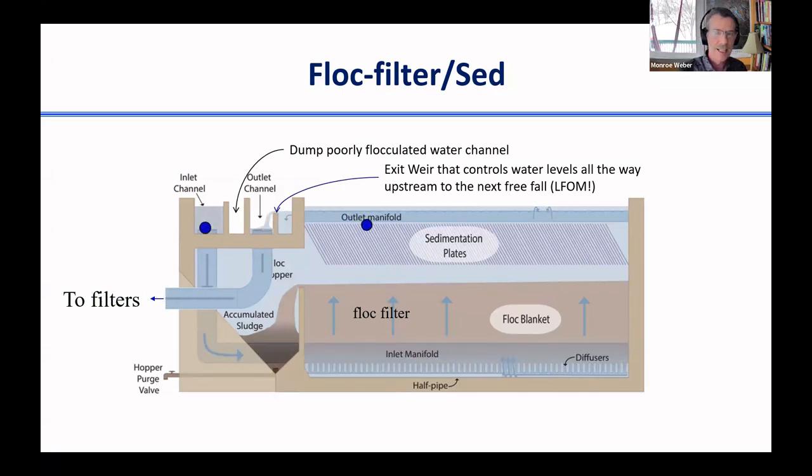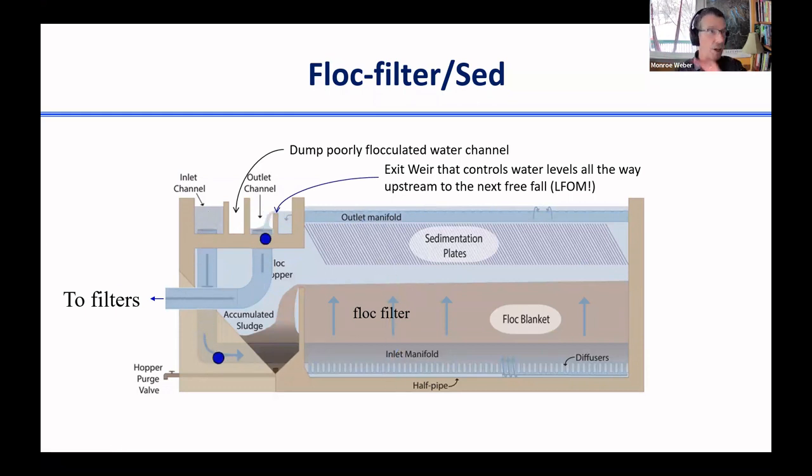So it's this weir, which is right here under my cursor. That weir is what sets the water level in the sedimentation tank. That will become the water level in this inlet channel, which is the same as the water level exiting the flocculator.